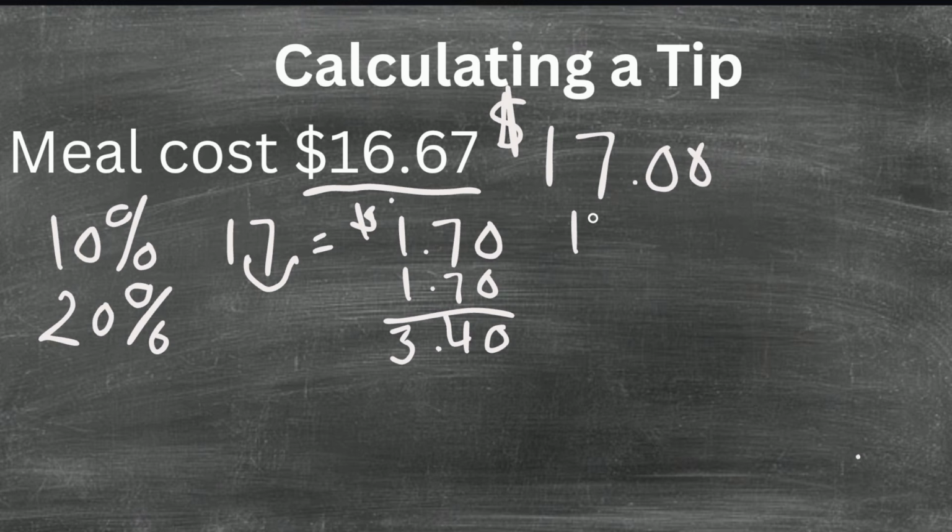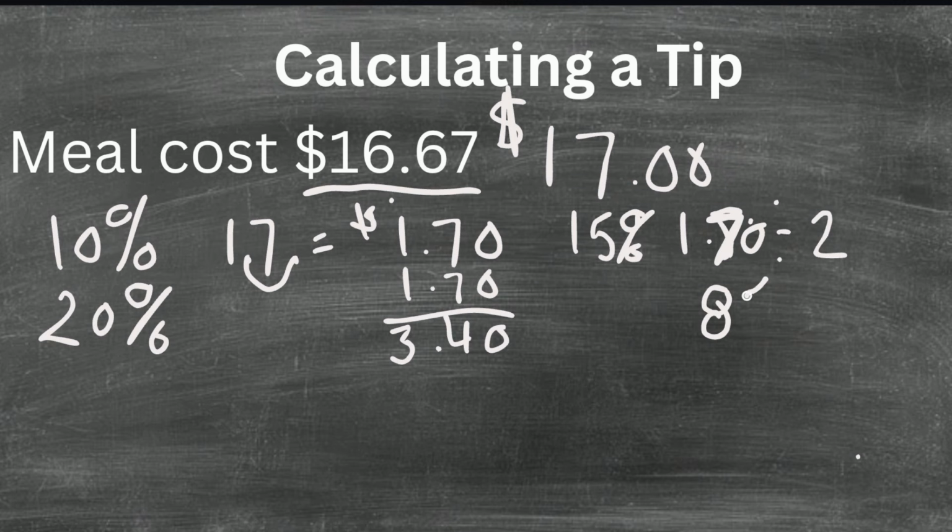Well, how about 15%? It's fairly straightforward, but a little bit more involved. So what you're going to do is divide the $1.70 of 10% by 2. When you divide 170 by 2, that gives you 85 cents.